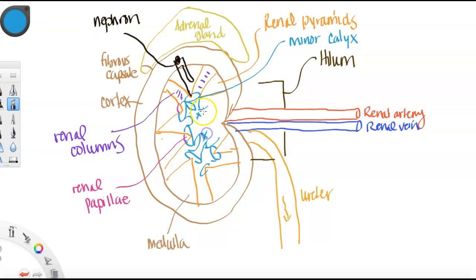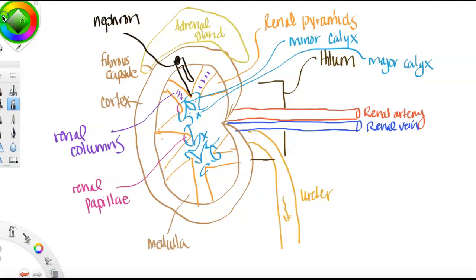These two combine right there, and where they combine together, that's called a major calyx. And the major calyces dump into the area right here, and that's called the renal pelvis. So the urine ultimately dumps into the renal pelvis, and that's where it enters into the ureter to go down to the bladder.